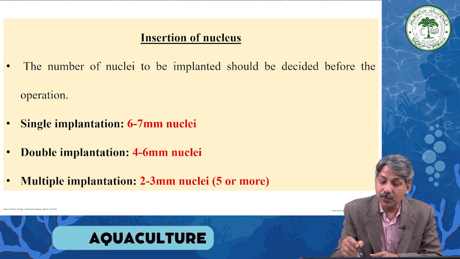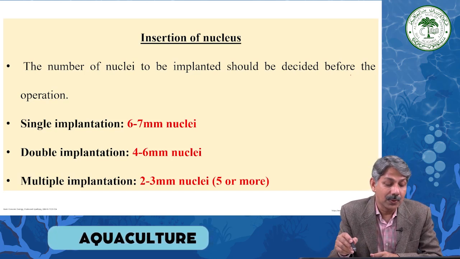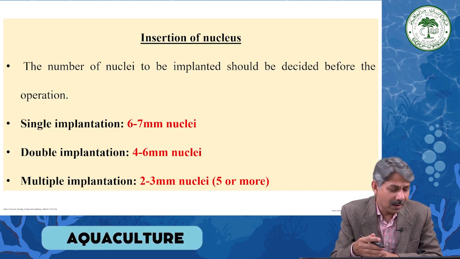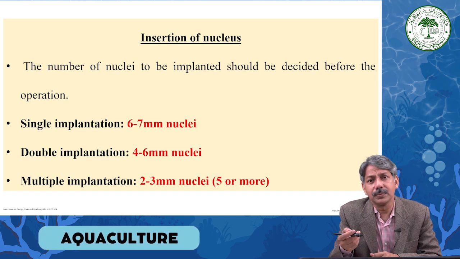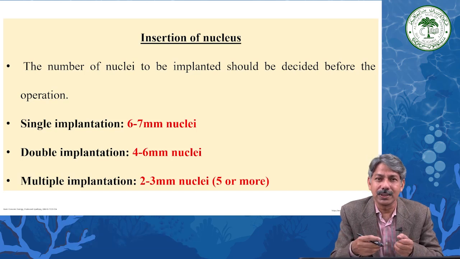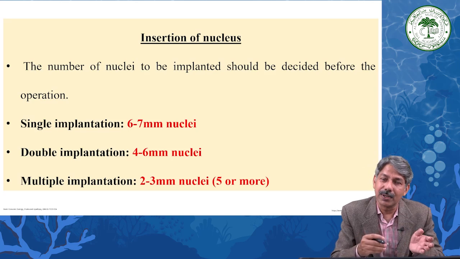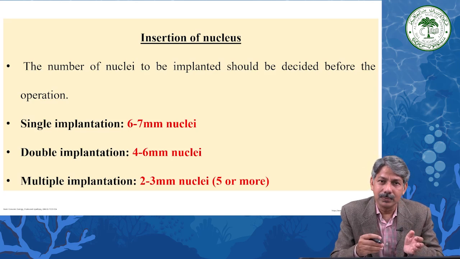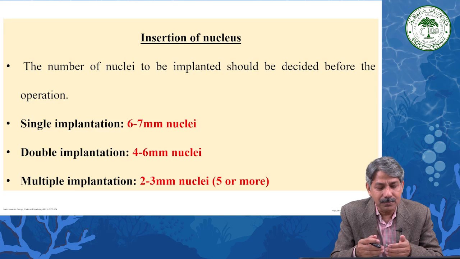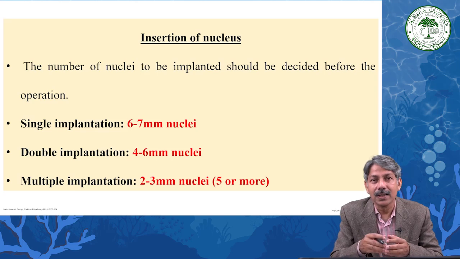The number of nuclei to be implanted should be decided before the operation. There are different methods and different approaches adopted by different people in different regions. So, in fact, a number of modified technologies are also there.